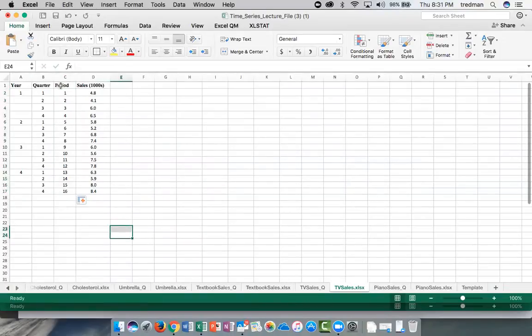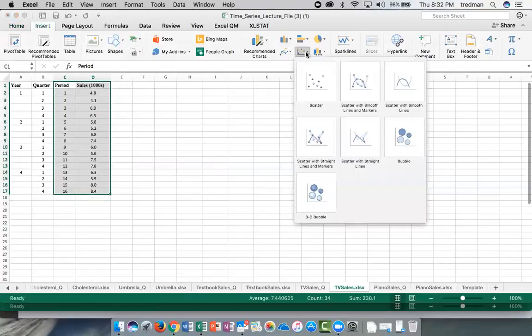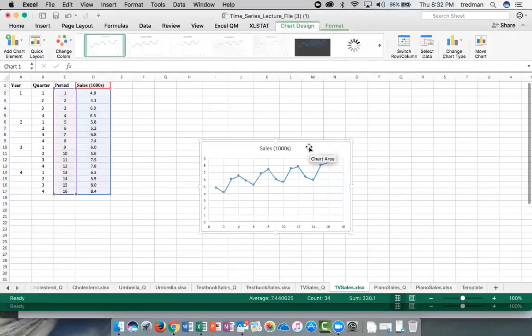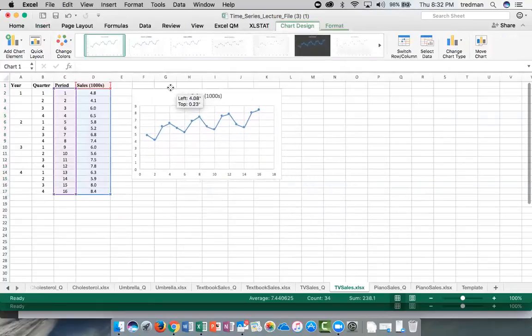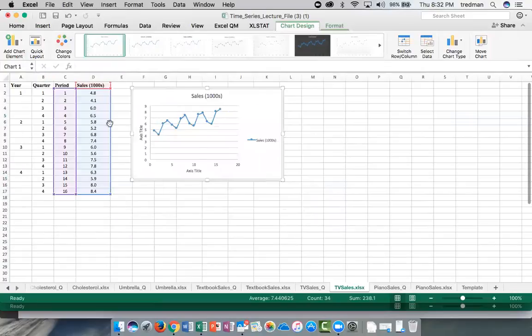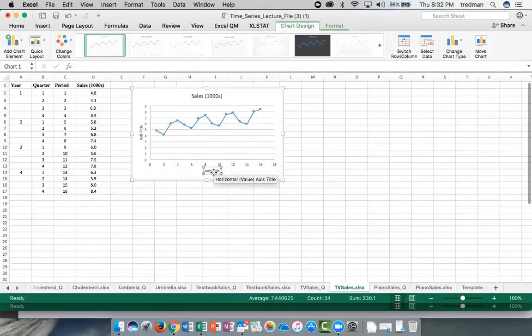So now I'll go ahead and create my time series plot. Quick layout 1. This is the period, which is in quarters.